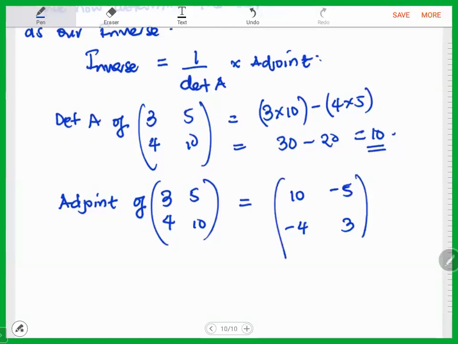That is my adjoint. I have interchanged the positions of the major diagonal, and I have multiplied the entries of the minor diagonal by -1.